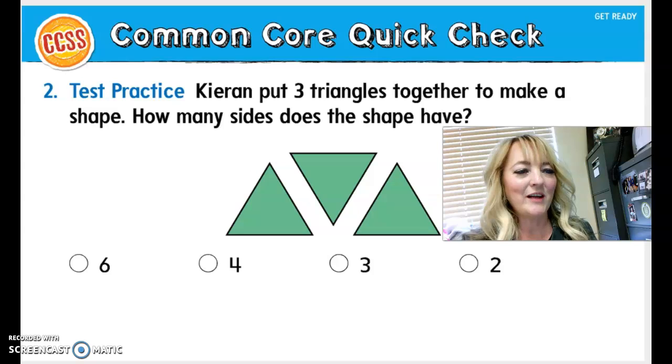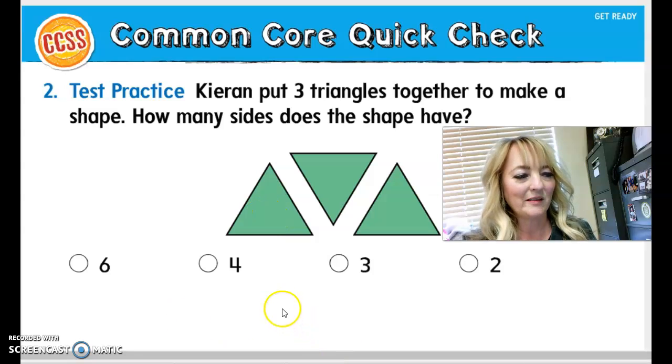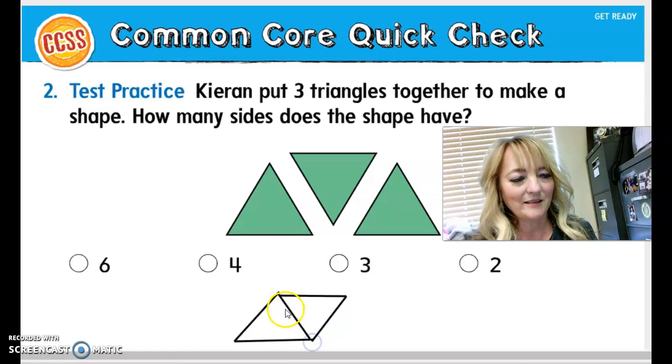Here's our Common Core Quick Check again, test practice. Kieran put 3 triangles together to make a shape. How many sides does the shape have? If we put these 3 triangles together, we just did it a moment ago, didn't we? We put them together almost exactly how they're laid out. There's our second triangle, and then we need 1 more triangle. 1, 2, 3.